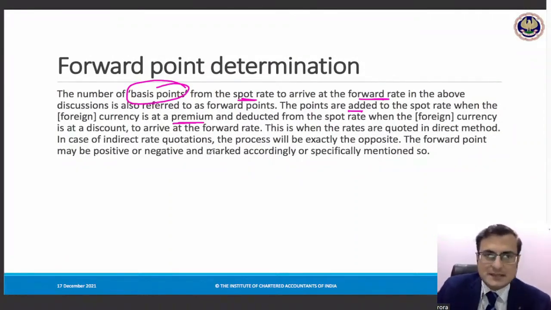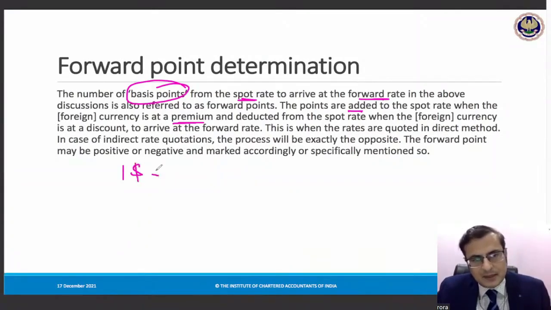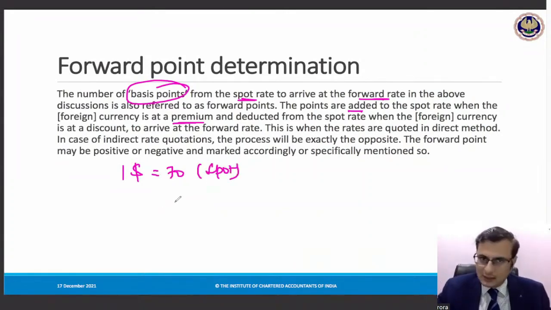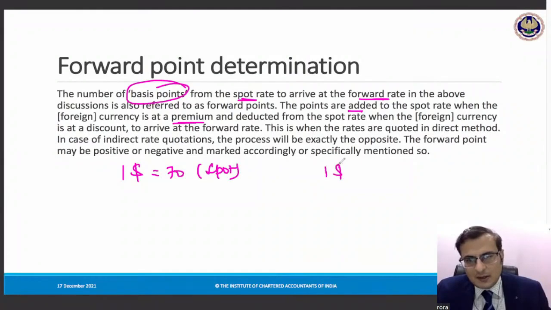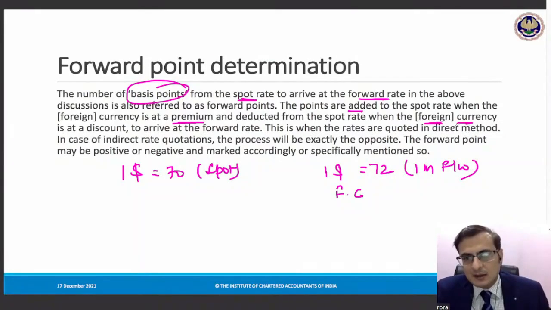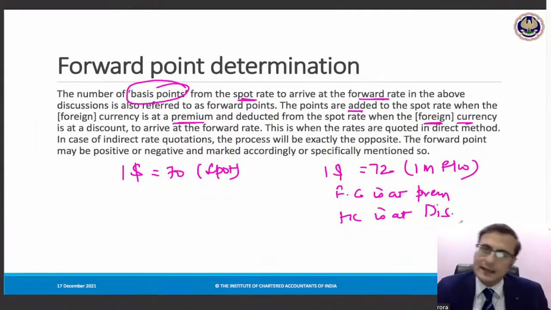Sir, what does premium mean? I told you an example. $1 is equal to 70 at spot, and I said $1 is equal to 72 one month forward. So the foreign currency is at a premium and the home currency is at a discount.